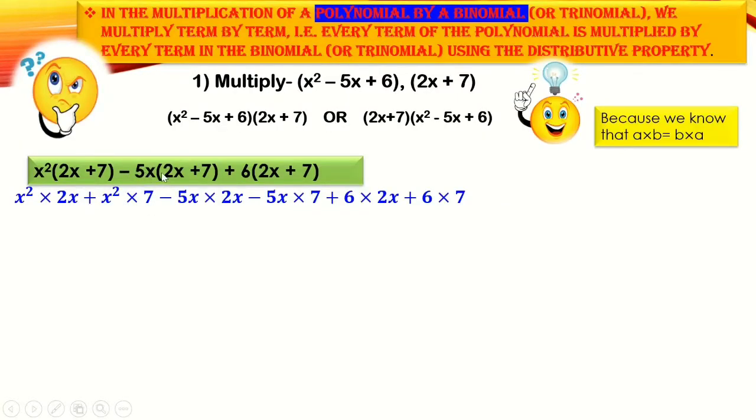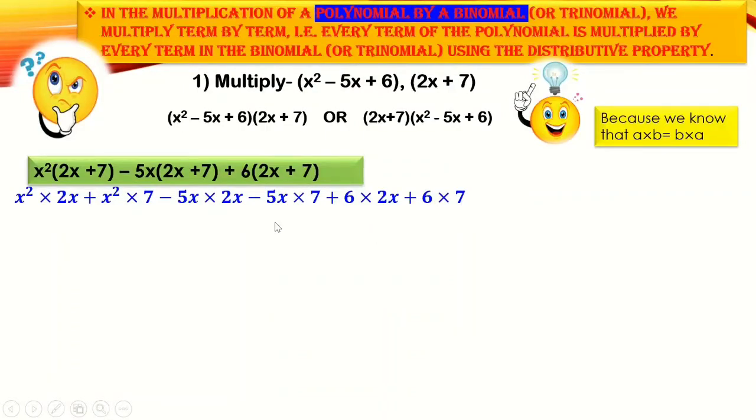Then minus 5x into 2x and minus 5x into 7. This bracket is getting closed, so it stops over here. Then the next term, plus 6 into 2x and then plus 6 into 7.